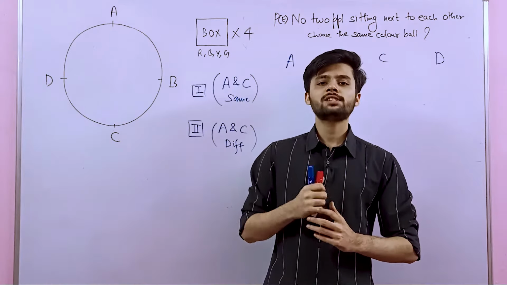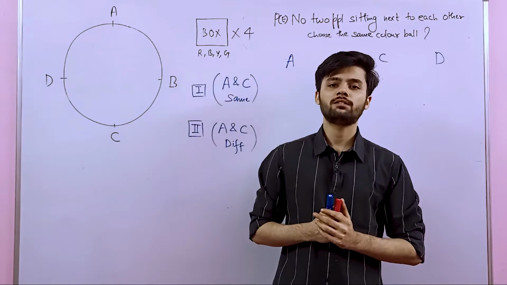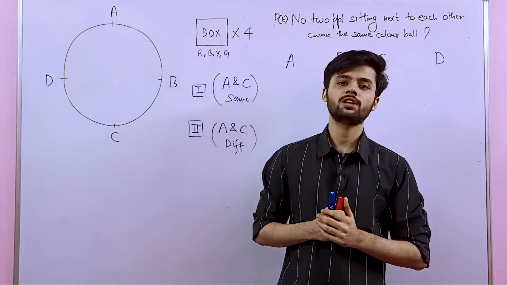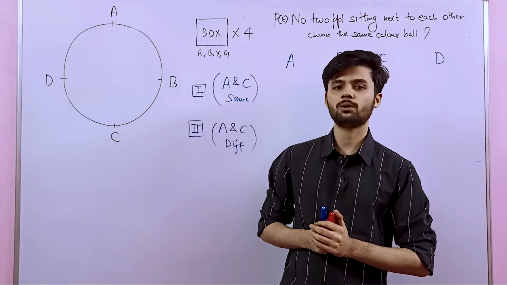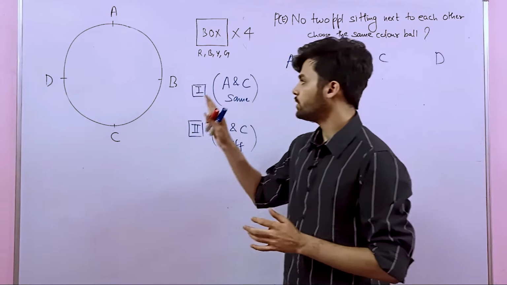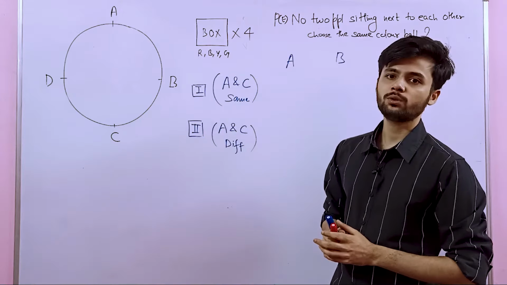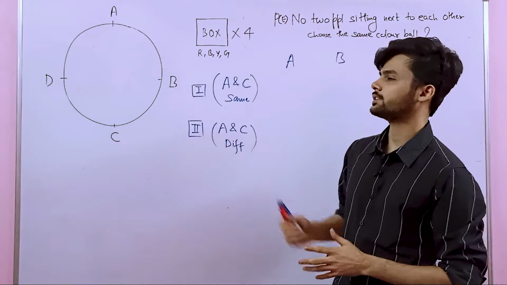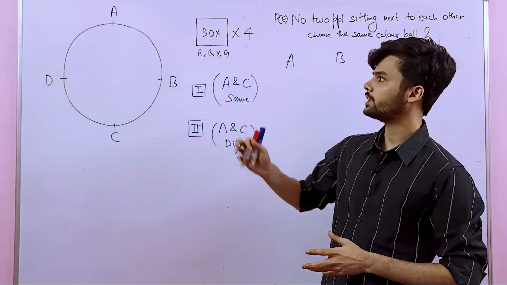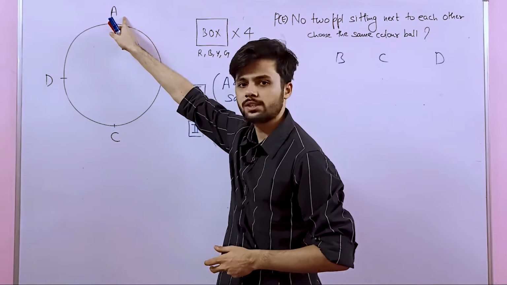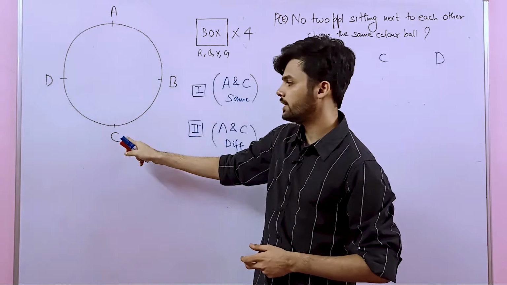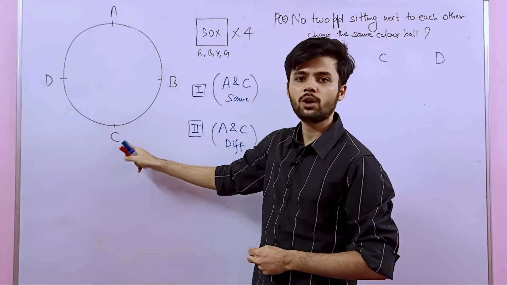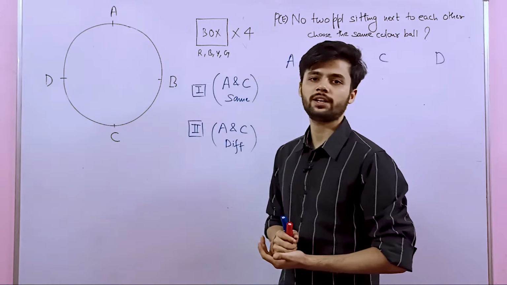So even after investing a lot of time and effort, most of you might not have figured out where to even start the problem. In order to get to the solution, first we need to talk about two cases. I also explained earlier that if A chooses a red colored ball, then C can choose a red colored ball or C cannot choose a red colored ball.